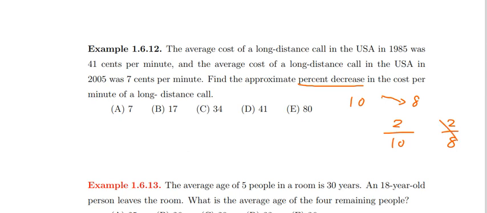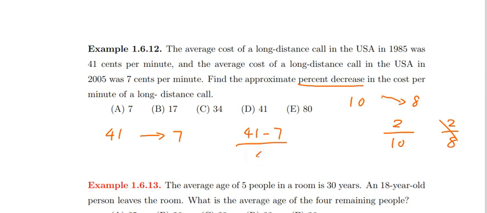Okay, so now for the problem, in 1985, 41 cents. So 41 cents to now is 7 cents, right? So from 41 to 7, the decrease is 41 minus 7. We just reduce this from 41 cents.